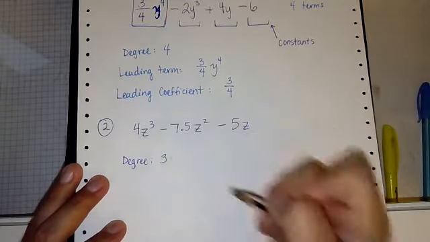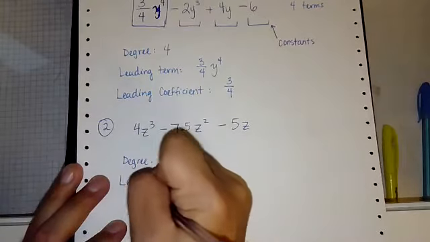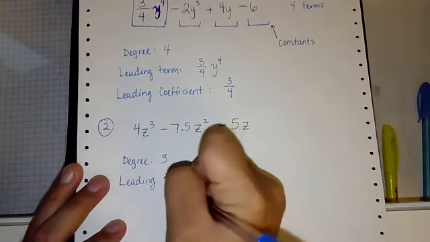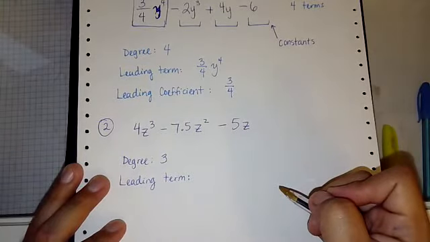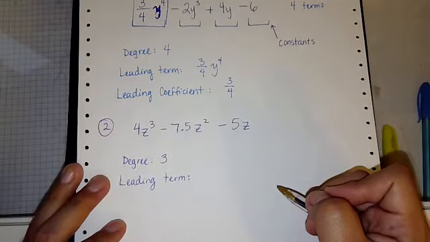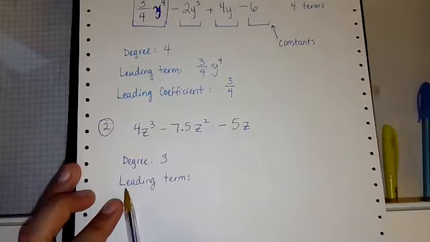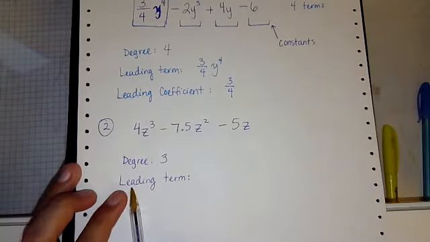Yeah, it's just 3. And what is the leading term? 7.5. Okay, so that is definitely a good try.